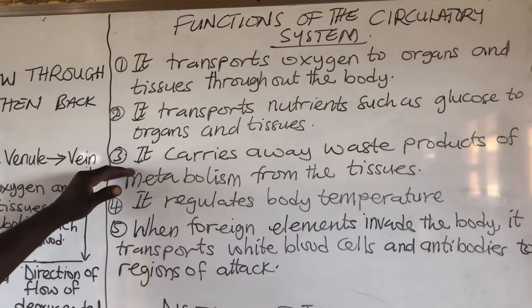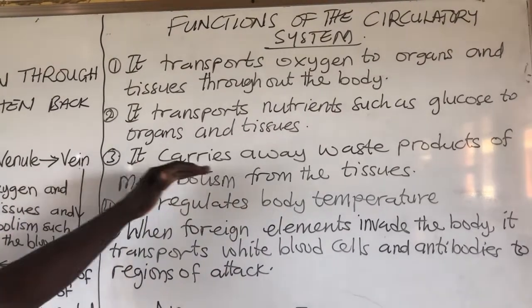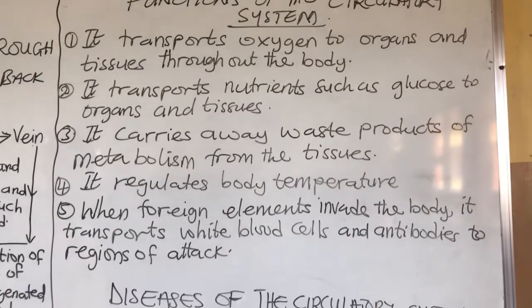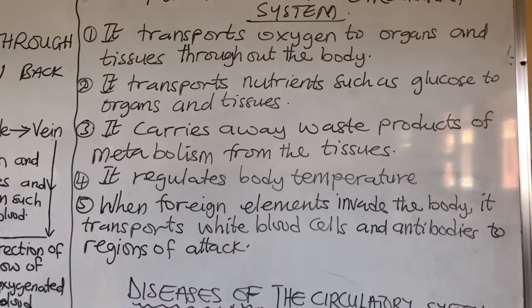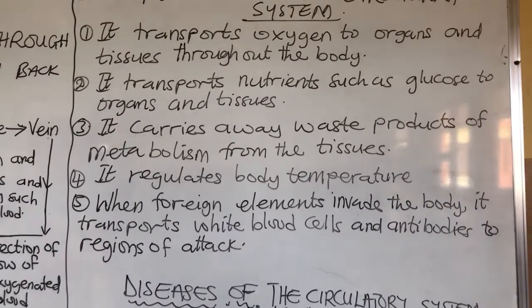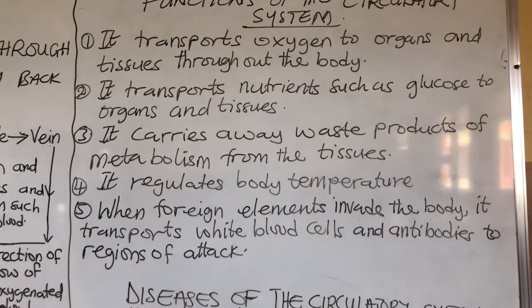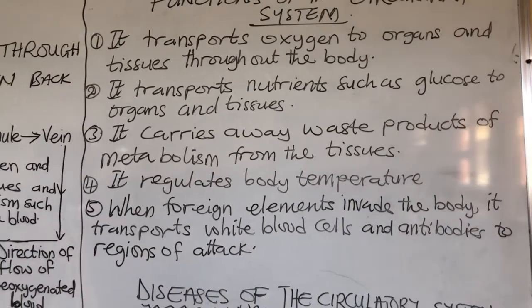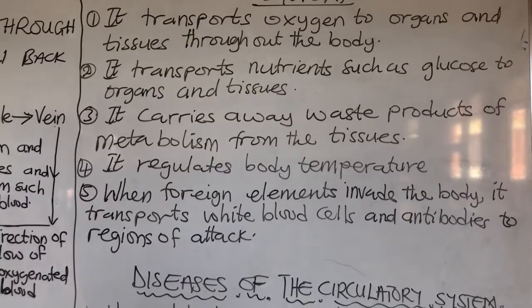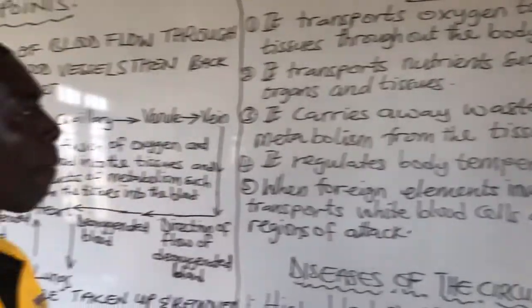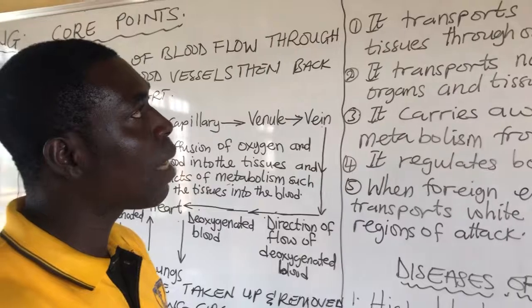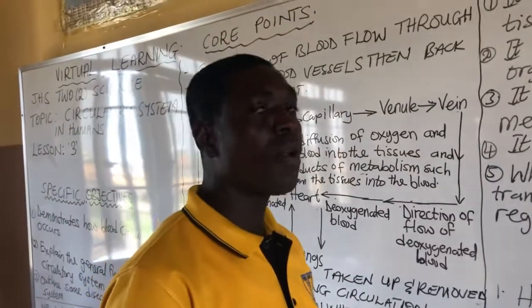The third function of the circulatory system is that it carries away waste products of metabolism from the tissues. Metabolic wastes are substances produced in the body, which can also be in the blood stream. And therefore, we need a system which can take them out or remove them.